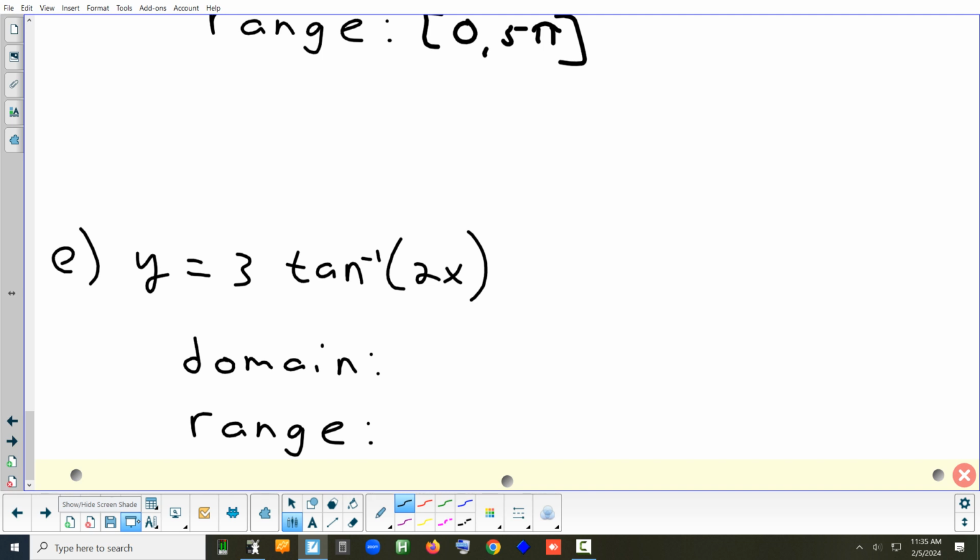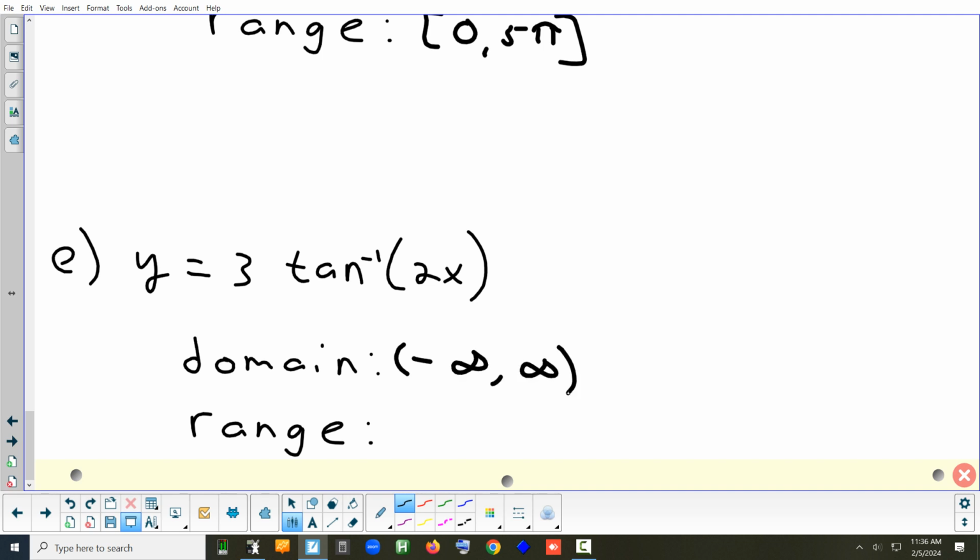I mean negative a half infinity, positive a half infinity. So I think it's just going to stay the same. So the domain is unaffected. You cannot change the domain of an inverse tangent function, no matter what you do. It's always negative infinity to infinity.